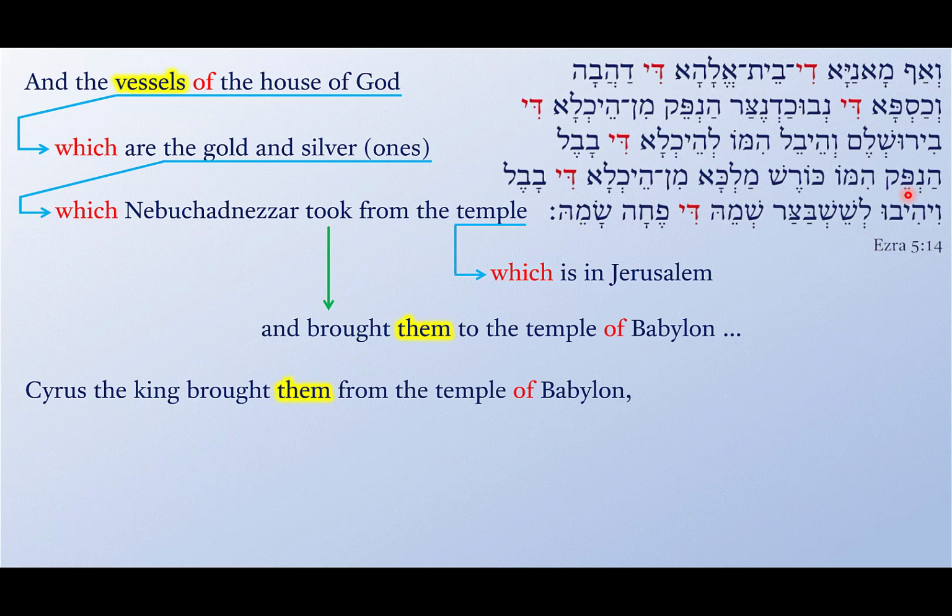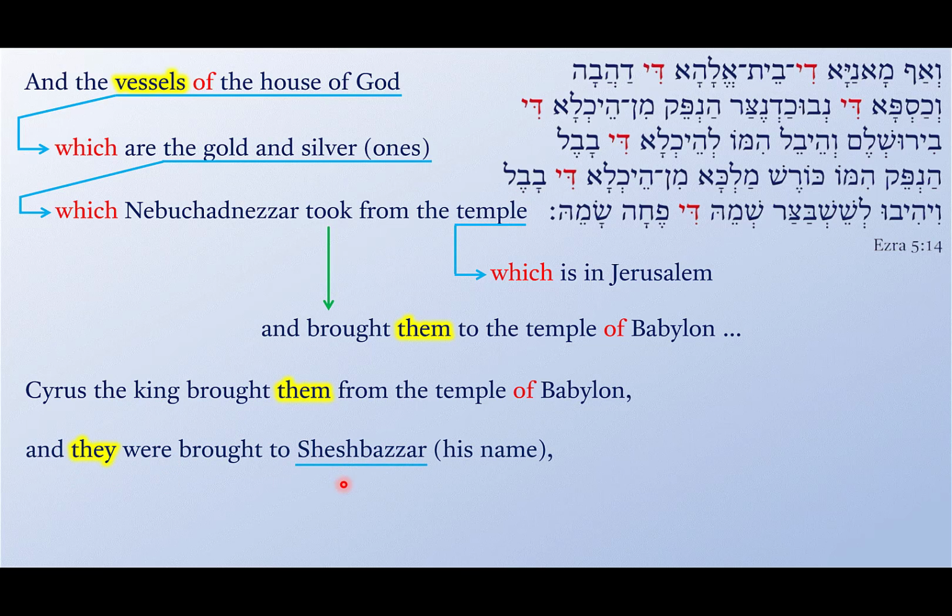Cyrus the king brought them from the temple of Babylon. So we had all this introductory information, and now we're switching over to Cyrus from having talked previously about Nebuchadnezzar. Cyrus the king brought them, so there's the them word, and it's talking about the vessels again, from the temple of Babylon. So once again, temple of Babylon expressed with a D idea instead of a construct.